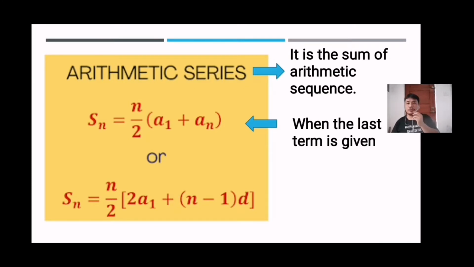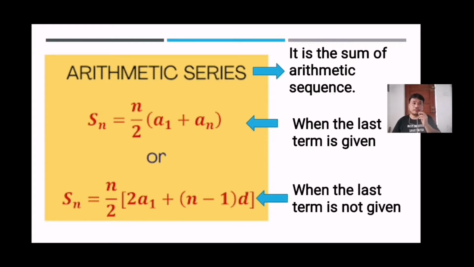While the second formula, which is S sub n is equals to n over 2 times the quantity of 2 times a sub 1 plus the quantity of n minus 1 times d, o yung medyo mahaba, we'll be using this formula when the last term is not given.